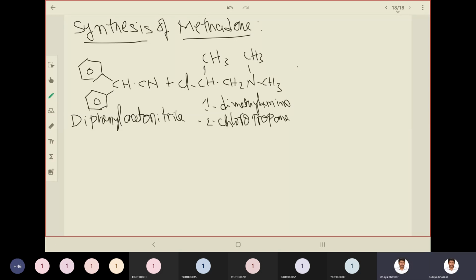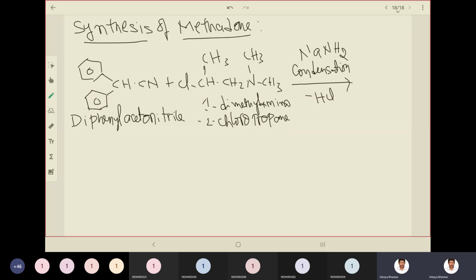So by condensing, and we add sodamide, NaNH2. On condensation, a molecule of HCl leaves, and we'll get this one. Let me write this here.